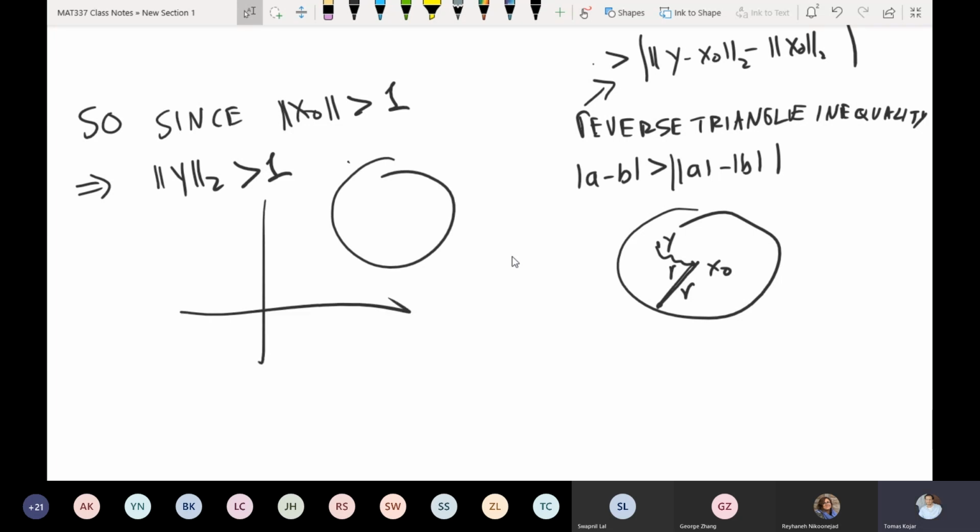So you have 0, and this distance is 1. So it's bigger than 1.